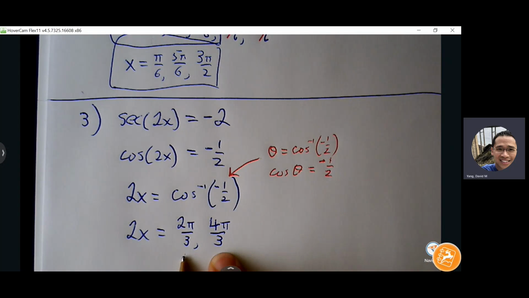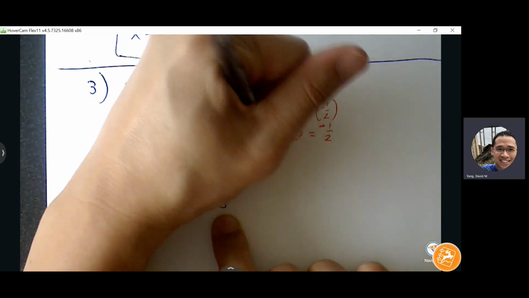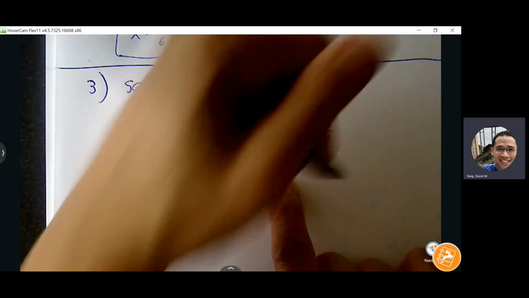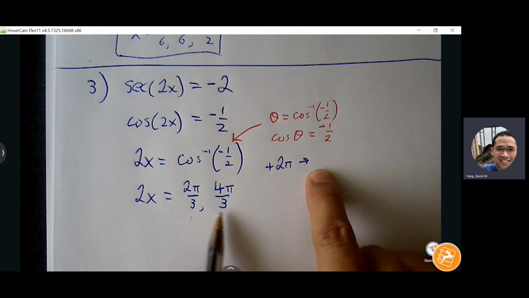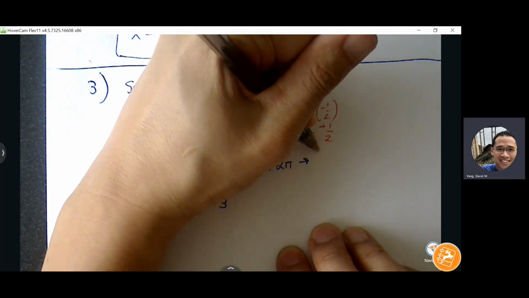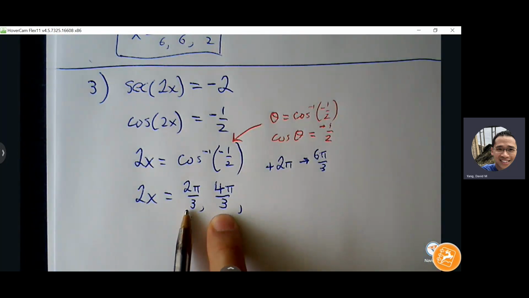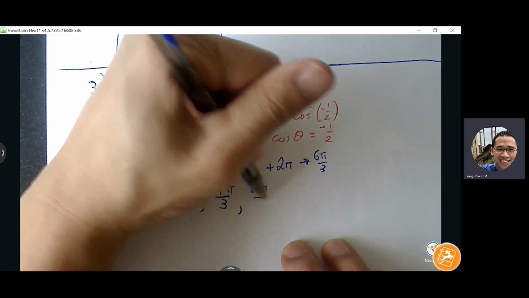Now I want to add more than what I have because they're going to shrink. So I'm going to add 2 pi to this. I want to make it easier to add the fractions. What's a variation of 2 pi that will be easier for my fractions here? 2 pi, same thing as what? 6 pi over 3. So I'm just going to keep adding 6 pi over 3 to both of these so I can get some variations.